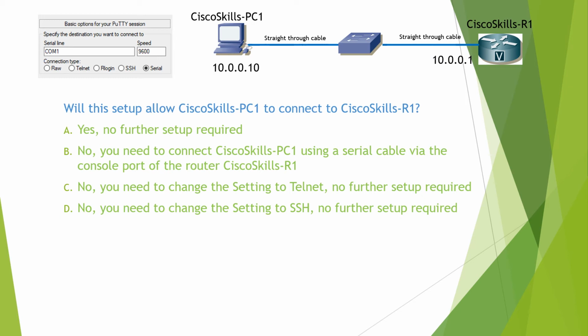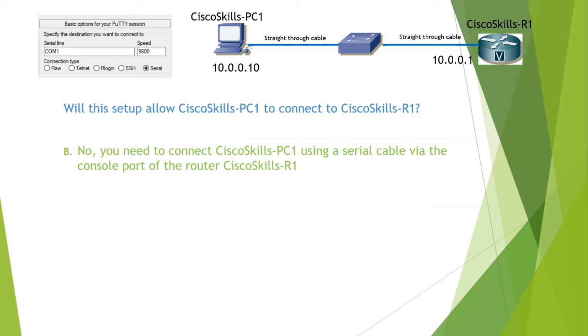So we have to either switch to SSH or Telnet, or we have to use a console cable. But in order to switch to SSH and Telnet, we need to make sure that the router is enabled for remote access. Therefore, the answer for this question is B.